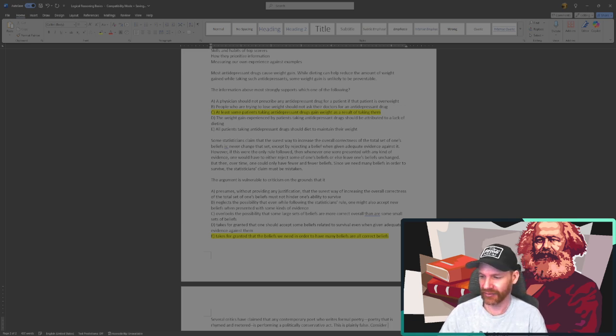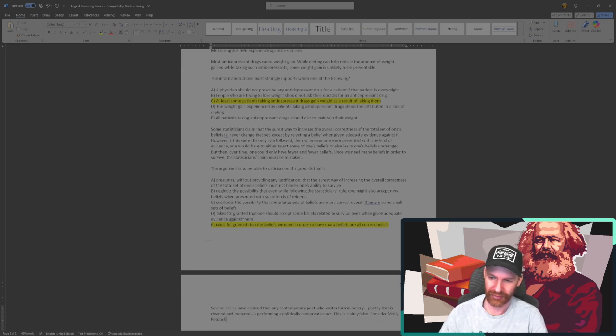Consider Molly Peacock and Marilyn Hacker, two contemporary poets whose poetry is almost exclusively formal, and yet who are themselves politically progressive feminists.